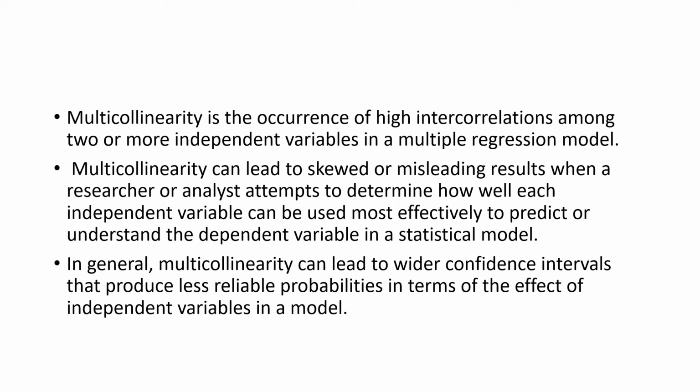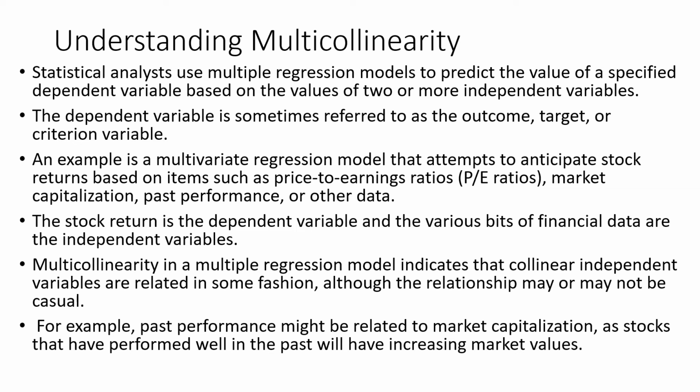So this problem can lead to wider confidence intervals, which would be producing less reliable probabilities in terms of the effect of the independent variables in the model. If you have the problem of multicollinearity in your model, the model itself cannot be used as a tool to make predictions.